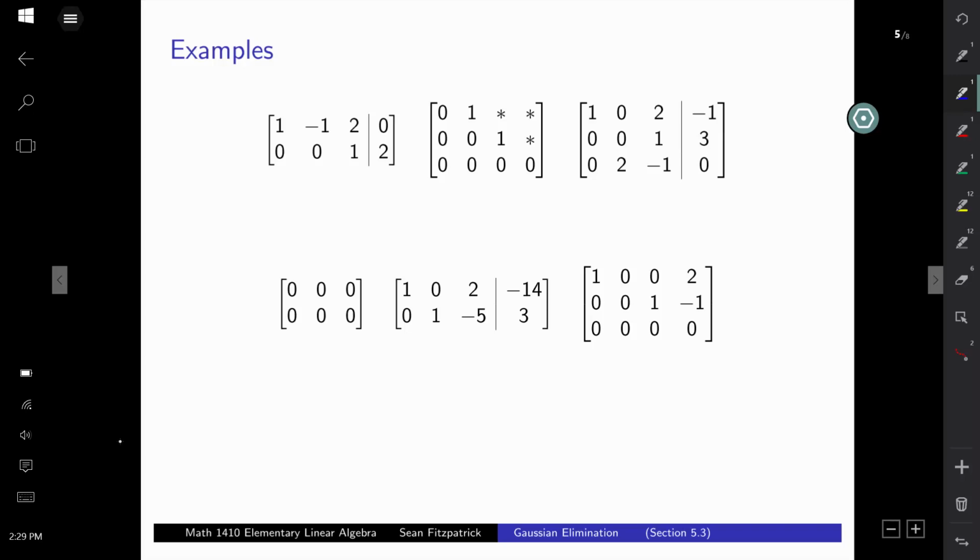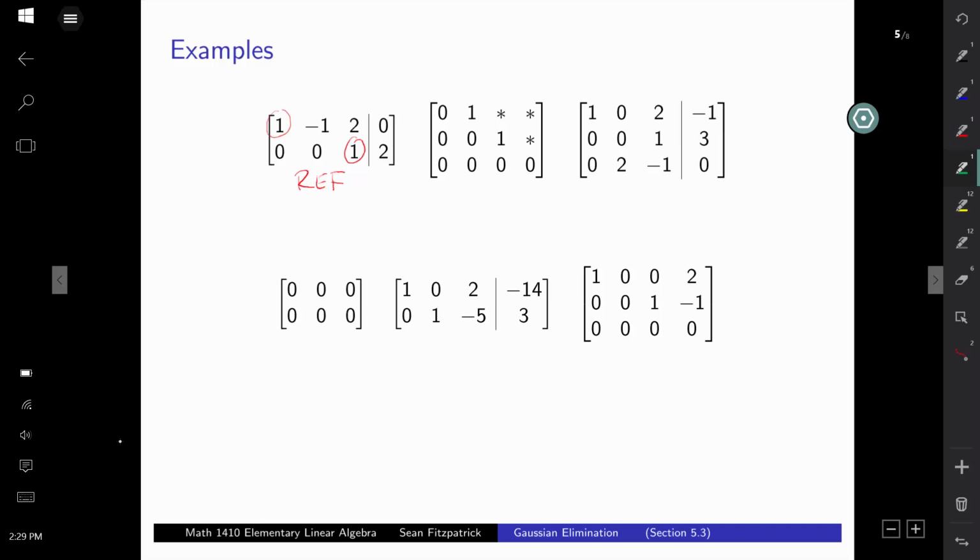No. Two non-zero rows, do they both start with a 1? Sure. The leading one in the second row is to the right of the leading one in the first row. That's one of the requirements, right? The leading ones descend down and to the right. So this one is in row echelon form.